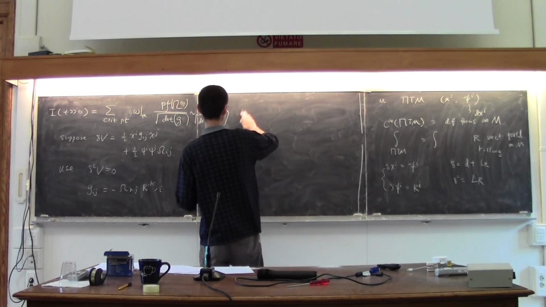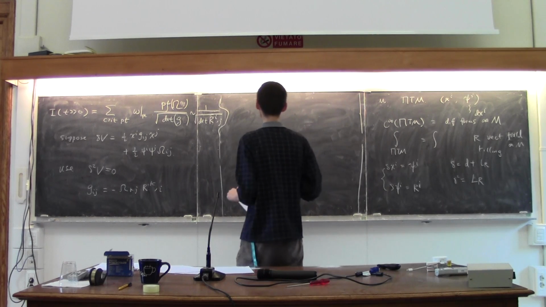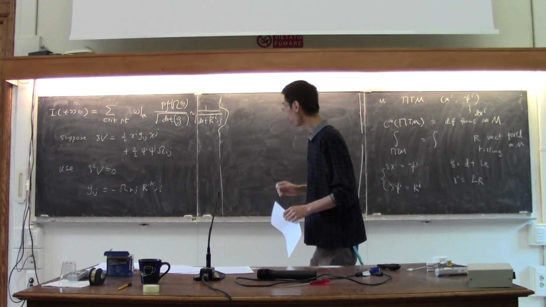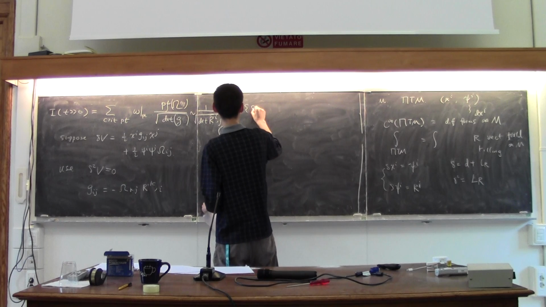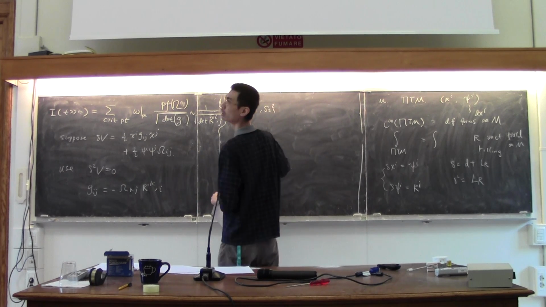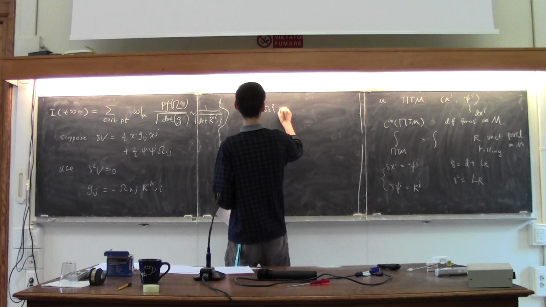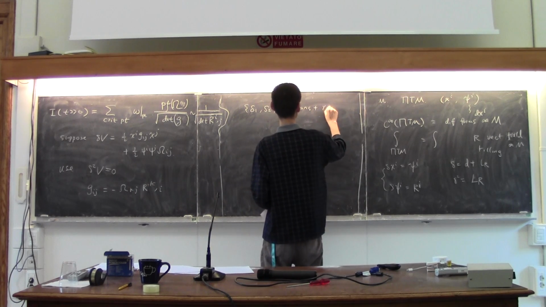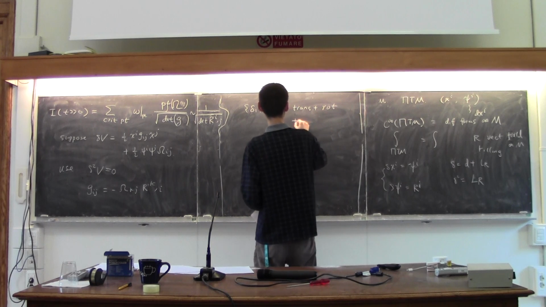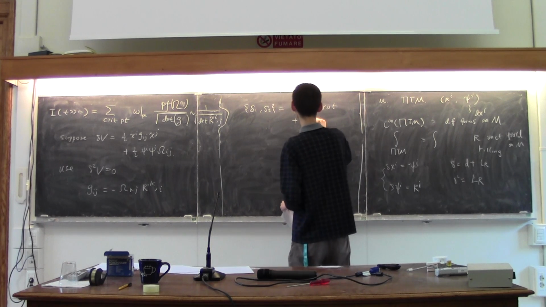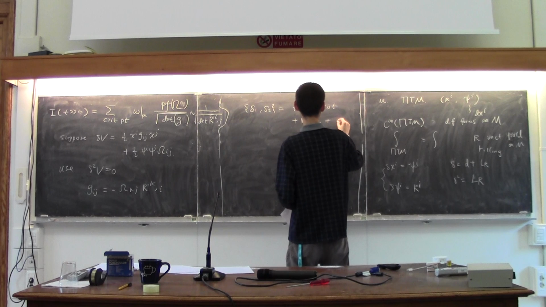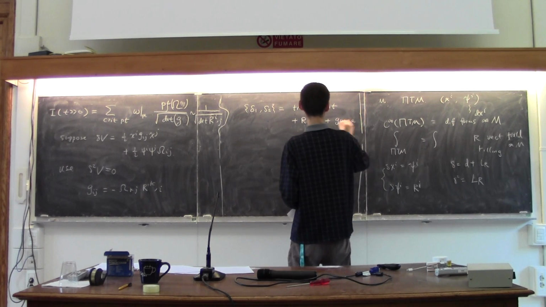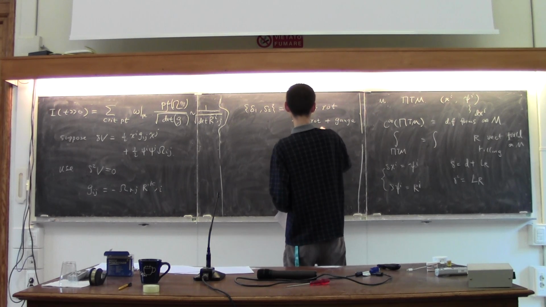Back to our field theory. So in general, we know that two supersymmetry transformations add up to the following: translation plus rotation plus R rotation plus, what else? Gauge transformation plus dilatation.